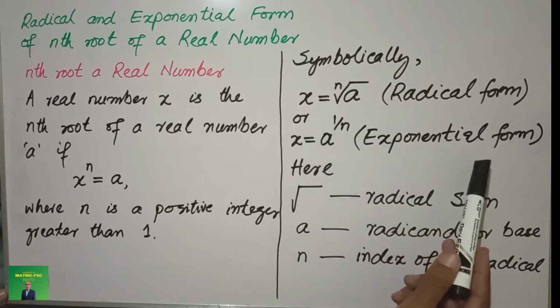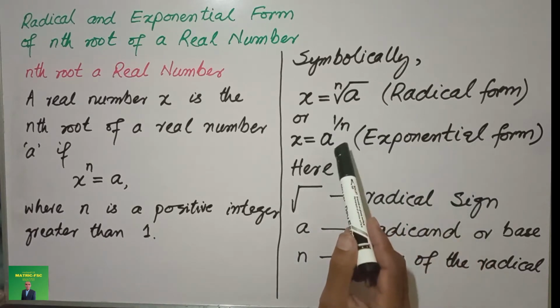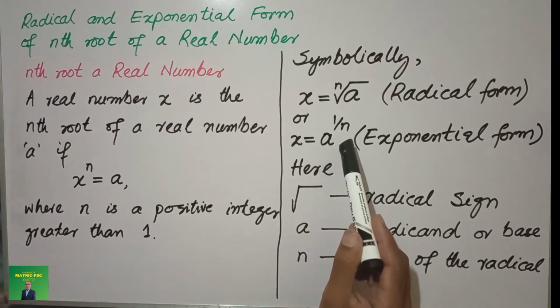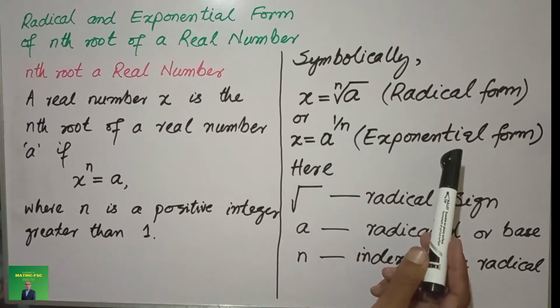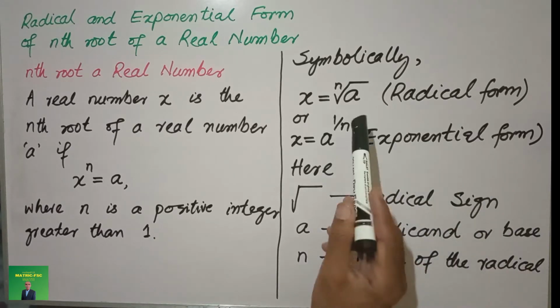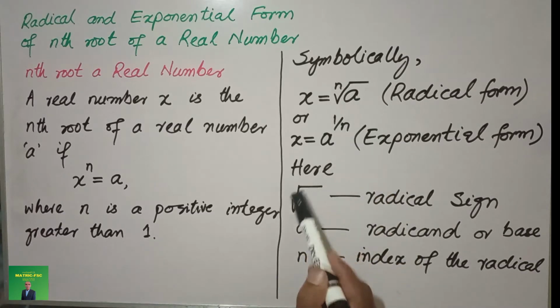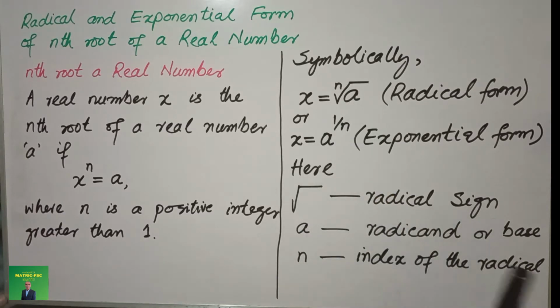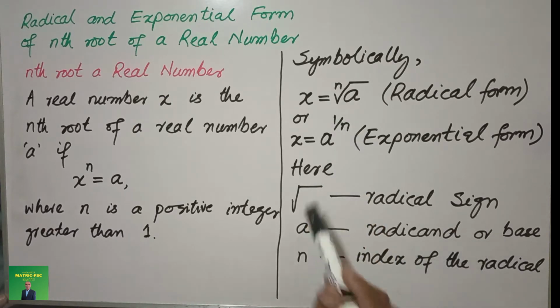This is called the exponential form because a is written in the form of a power. This symbol is the radical sign, a is the radicand or the base, and n is the index of the radical.